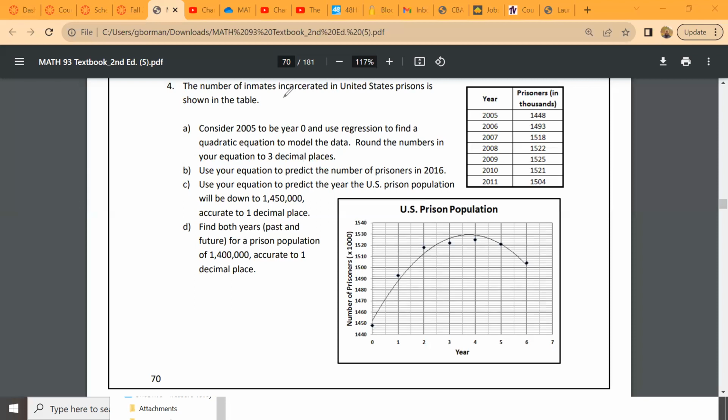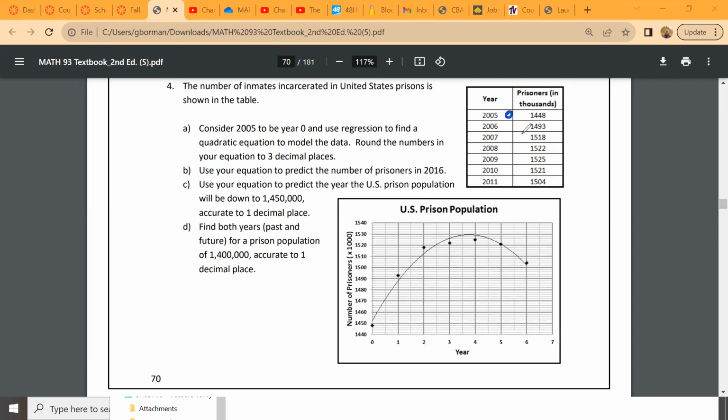Wait a minute, did I get that wrong on the last one? I sure hope I didn't. Give me a second. Okay, no, I'm good. In the 2.2 video, we had things just a little different, barely. It said the year 2000 was year number zero, and on this one, it's going to be the year 2005.